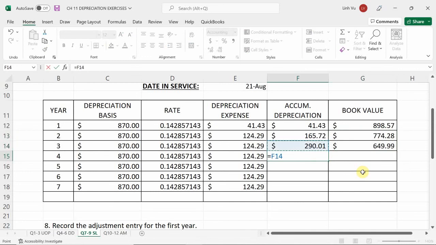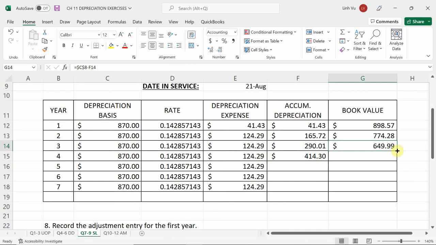What's my accumulated depreciation for year 4? $414.30.